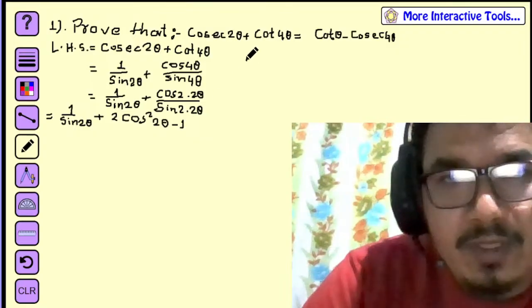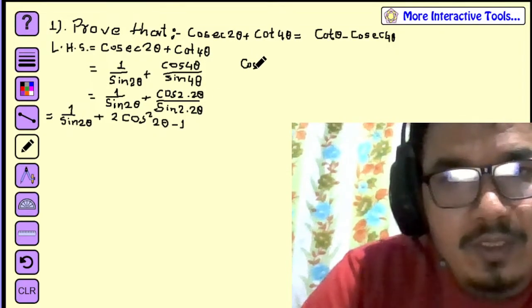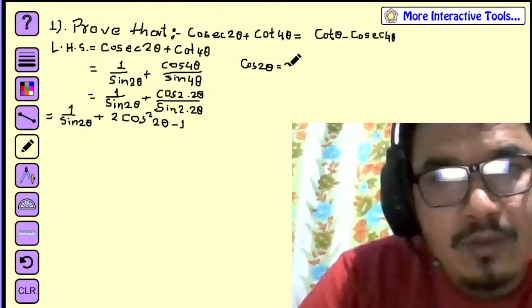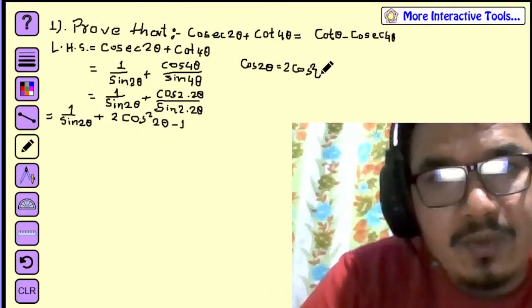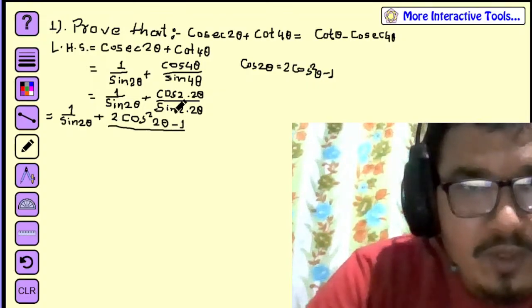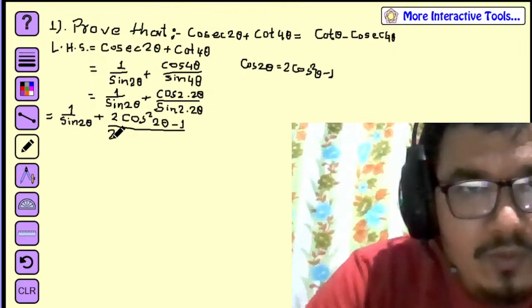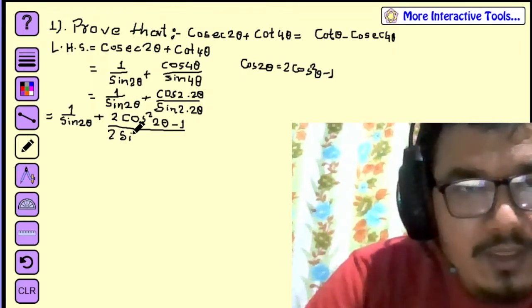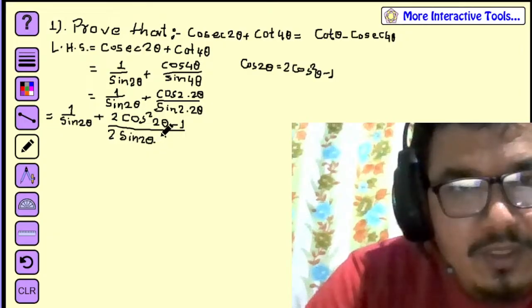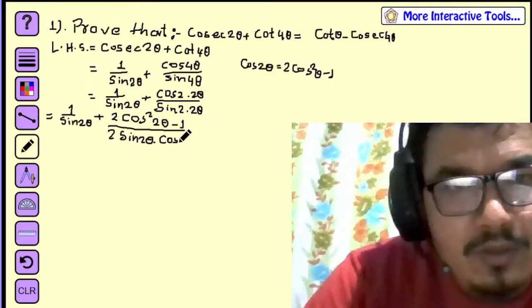Here I am writing the formula: cos 2 theta in terms of cos theta equals 2 cos square theta minus 1. And in the denominator, sine 2 theta formula we know is 2 sine theta cos theta, so here it becomes 2 sine 2 theta into cos 2 theta. Like this we write.